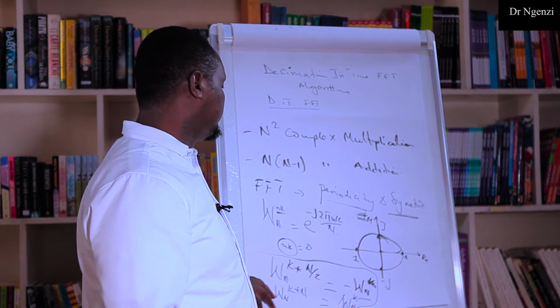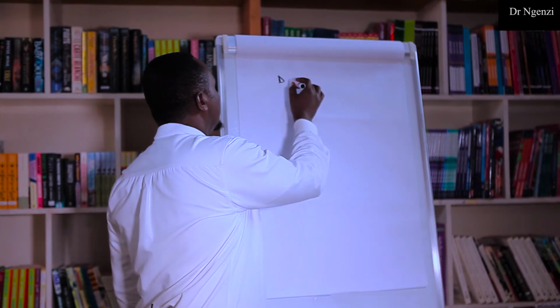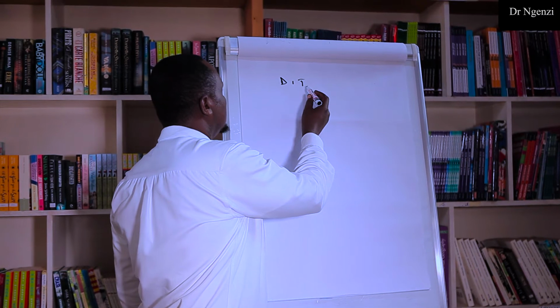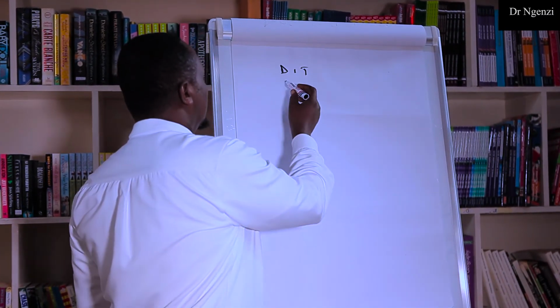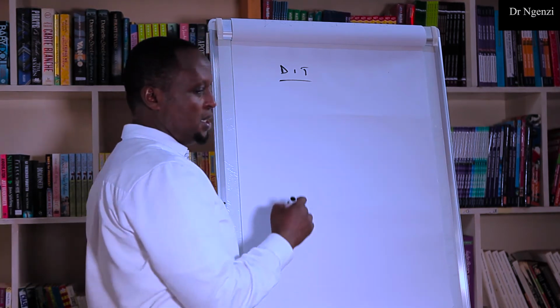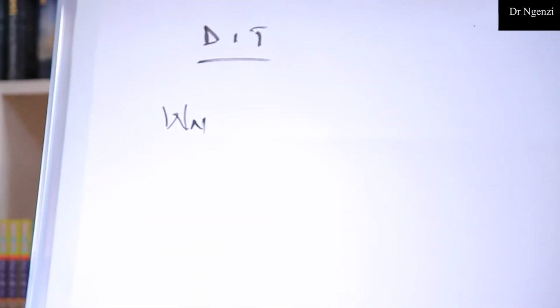So, having your value, we are still continuing in the DIT, which is decimation in time, of the FFT algorithm here.